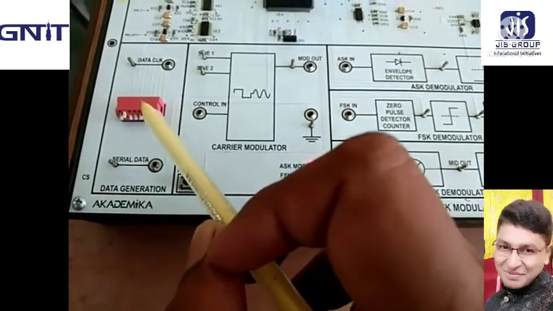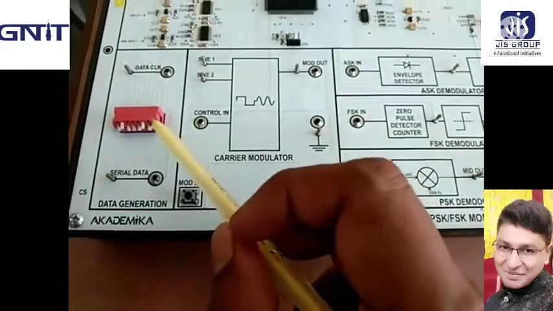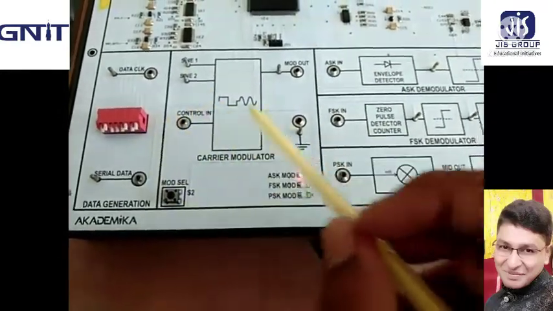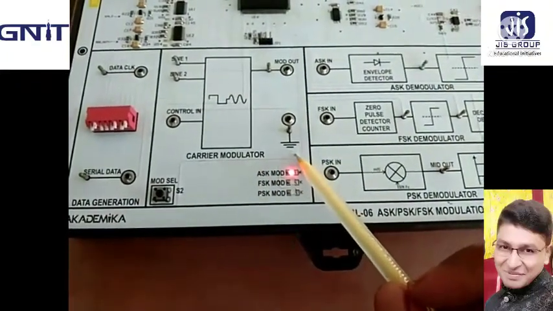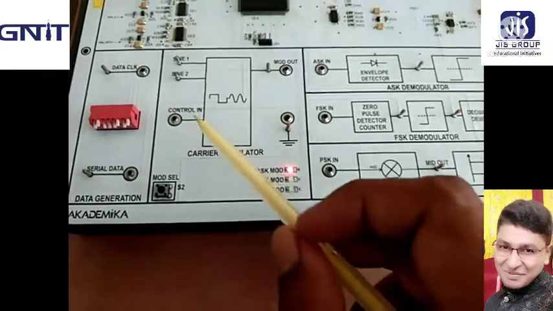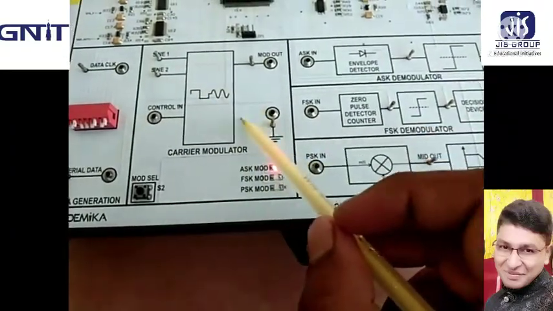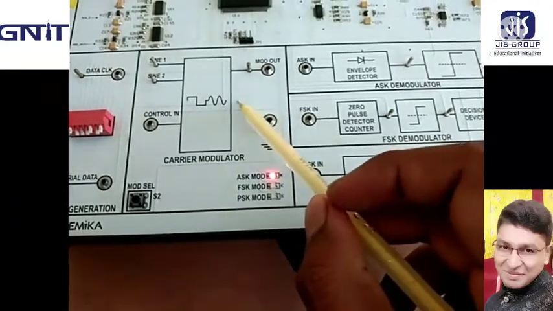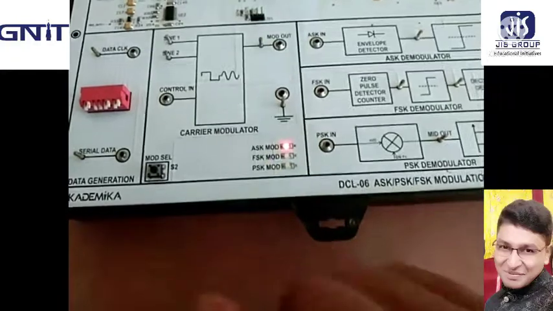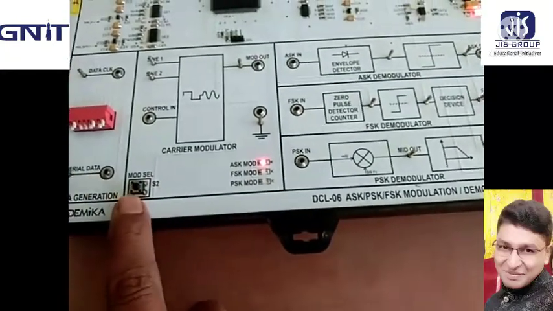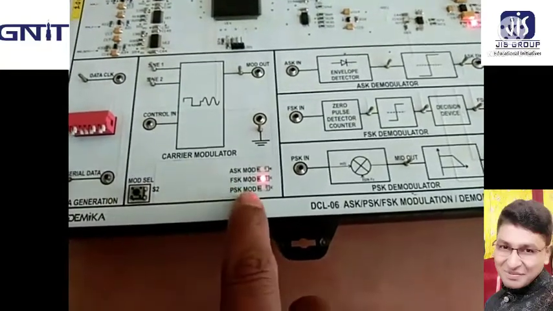In this we select the input data or binary data, and this is our carrier modulator. Inbuilt in this carrier modulator, the carrier signal is there, and this is our mode set, ASK, press FSK.